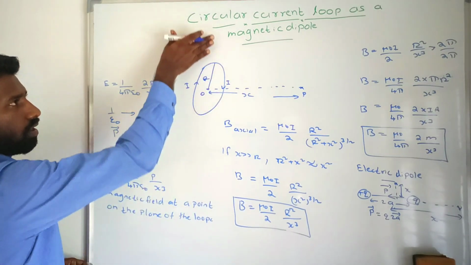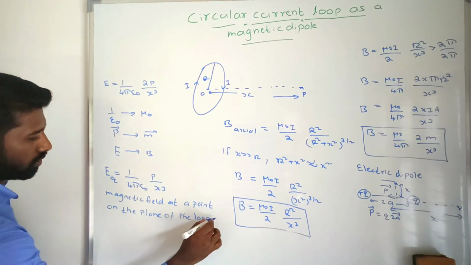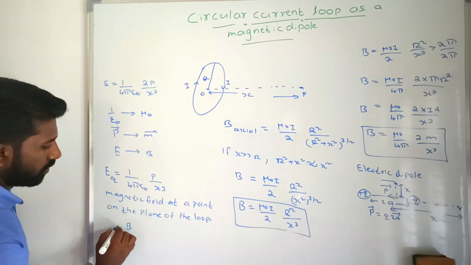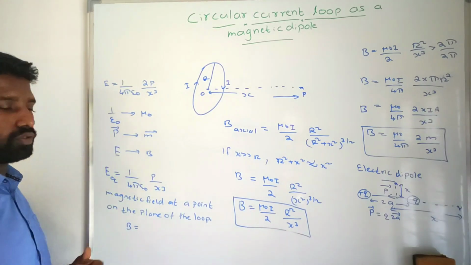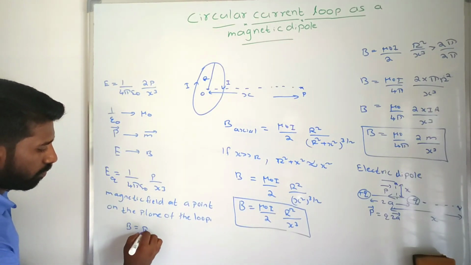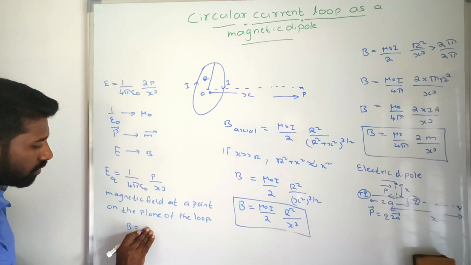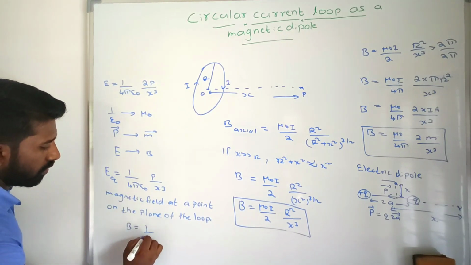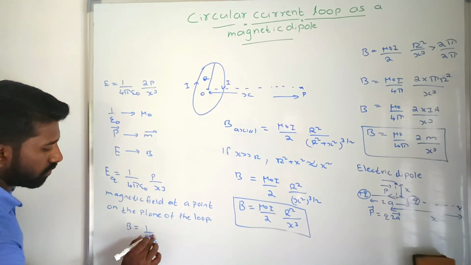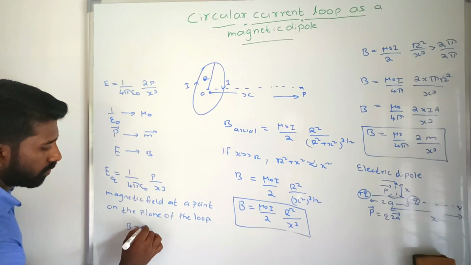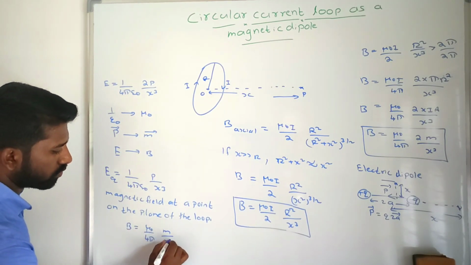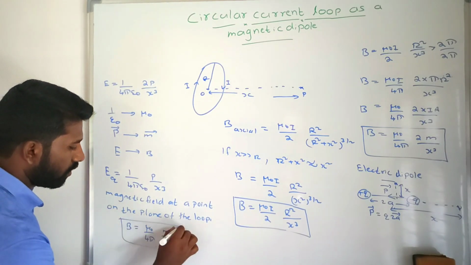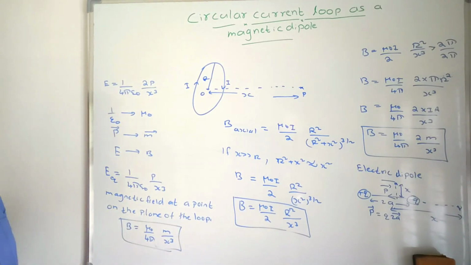That means along the plane of the loop, you have to change the electric variable to the magnetic variable, that is B is equal to, instead of E, B, 1 by 4 pi, instead of epsilon 0, mu 0, and instead of P, M by x cube you will get. Clear? M by x cube.